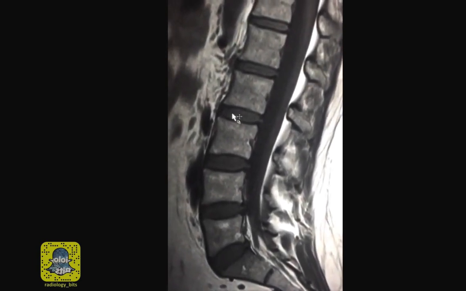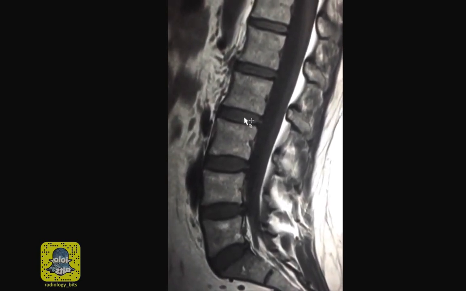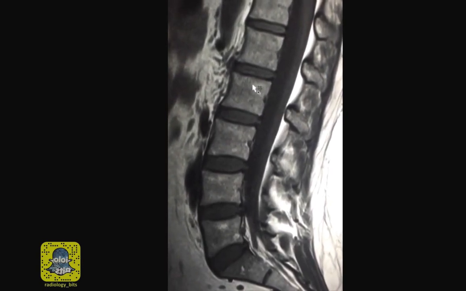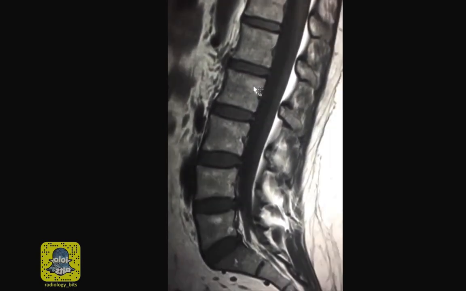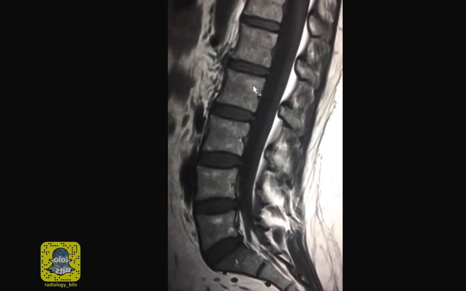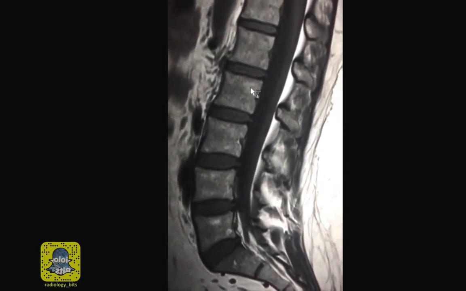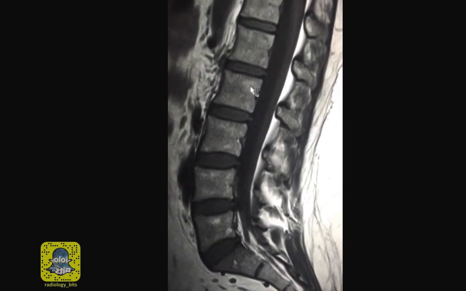So the rule is that the disc should always be darker than the adjacent vertebral body in adults. And the sequence used to look for that is T1, since looking for such findings on T2 is more difficult.